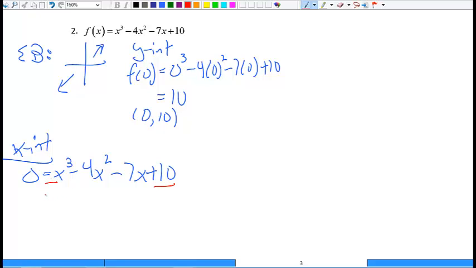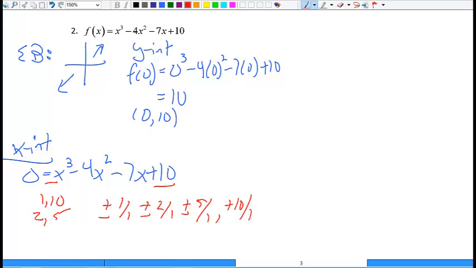With 10, I get 1 and 10 are the factors, or 2 and 5. And that's my p. The q, which is the first number, has got 1 there. So I know my possible roots are plus or minus 1 over 1, plus or minus 2 over 1, plus or minus 5 over 1, or plus or minus 10 over 1.